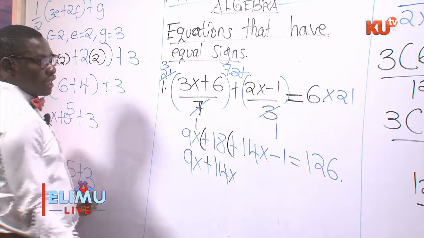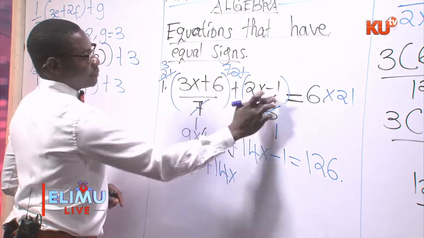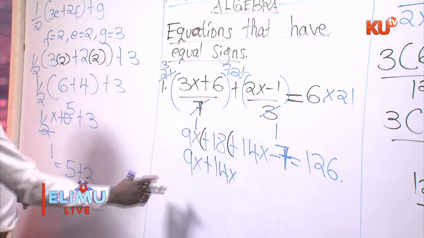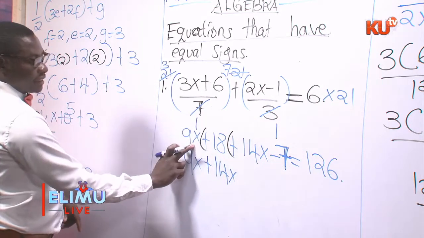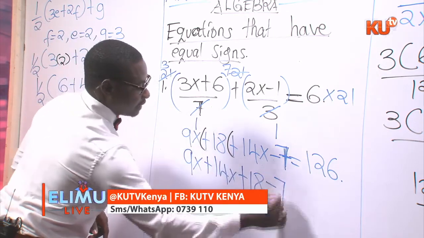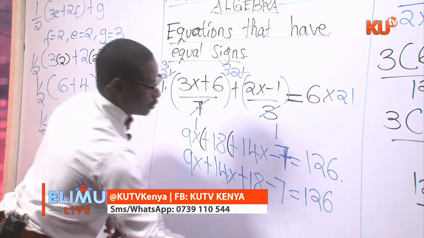Here, 7 times 1 is supposed to be 7, not 1, sorry for that. So we collect our like terms. We have 9x plus 14x plus 18 minus 7 is equal to 126.